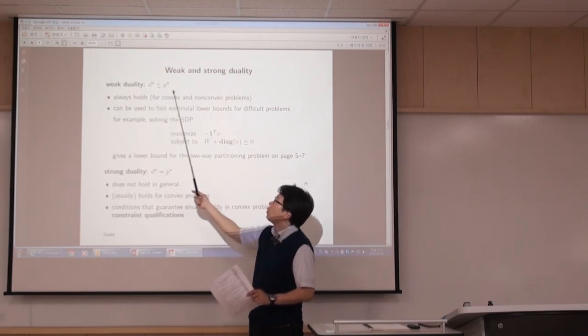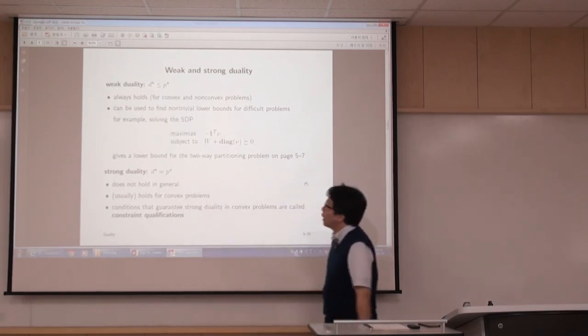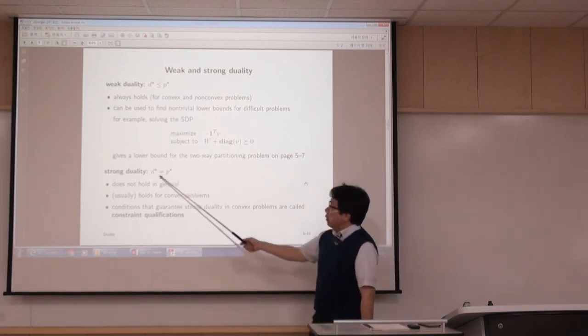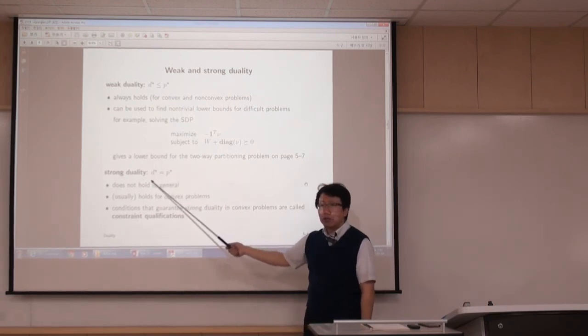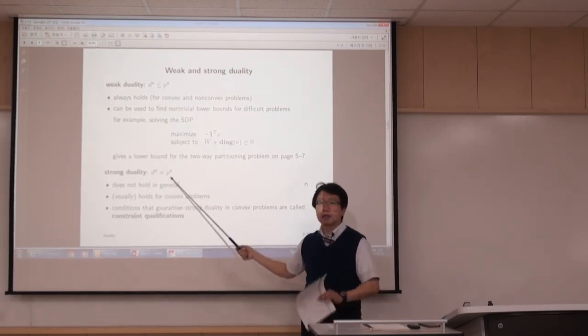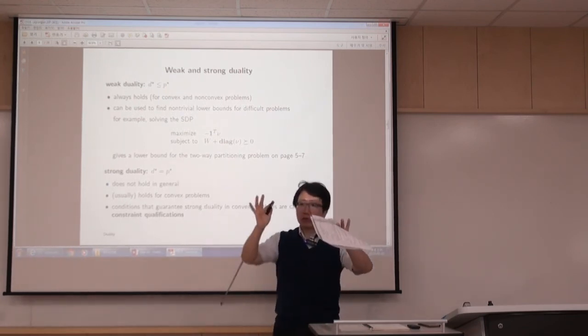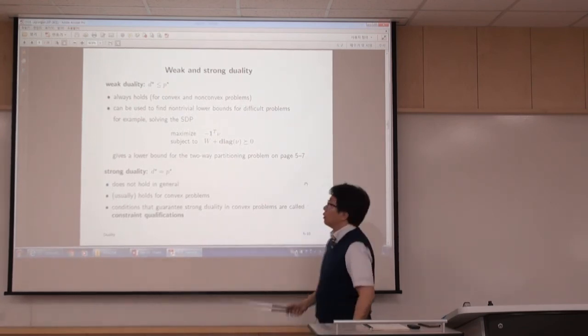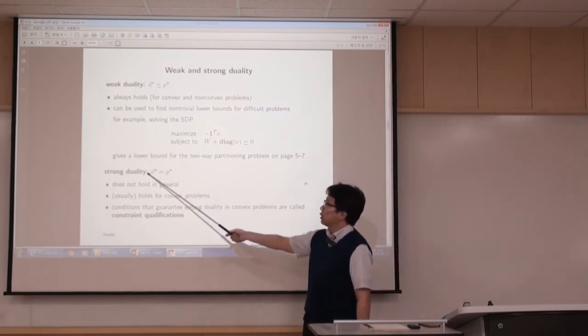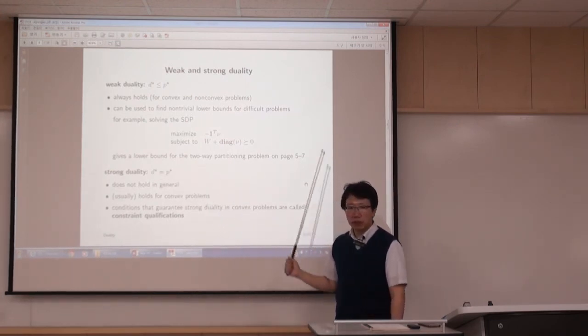So this always holds. That is called weak duality. And if this condition holds, we say that strong duality holds, given the primal problem and dual problem. The first and second examples satisfy strong duality, but the third one didn't.